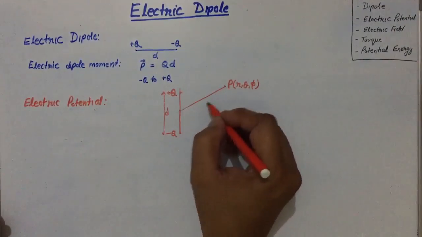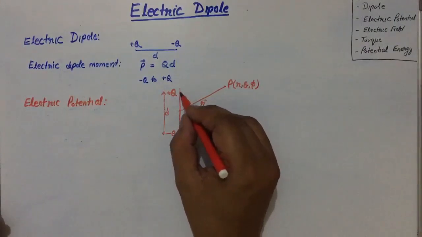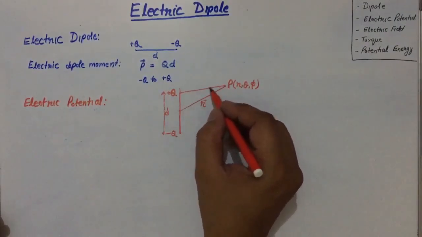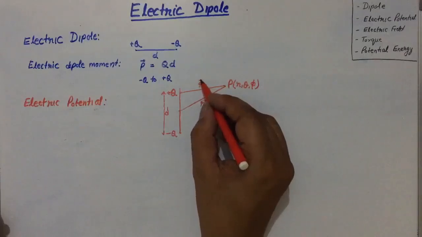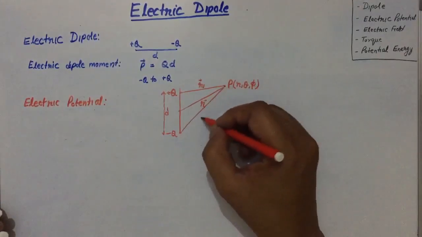The position vector of P is r, and the position vector of this point from the positive charge is r1, and from the negative charge it is r2.